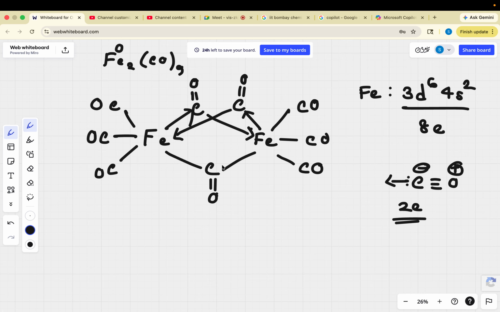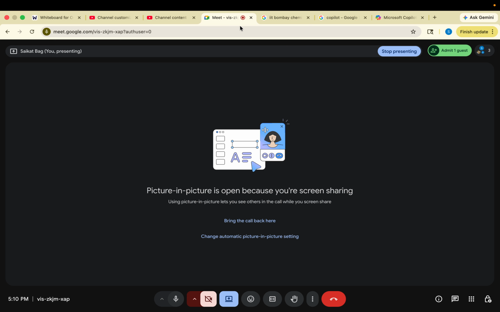So you cannot form 4 bonds here. If you see here, 1 2 3, suppose here you have 2 electrons, 2 4, 1 2 3 4, and here it is donating 2 electrons. So if you form 4 terminal bonds, it is not possible. Why not possible? Because if you form 4 bonds, CO is already donating electrons to your iron center, and iron has 8 electrons, so it cannot donate symmetrically.